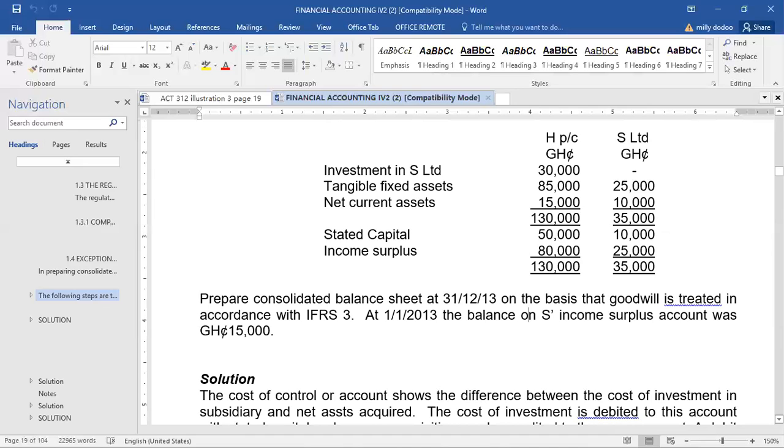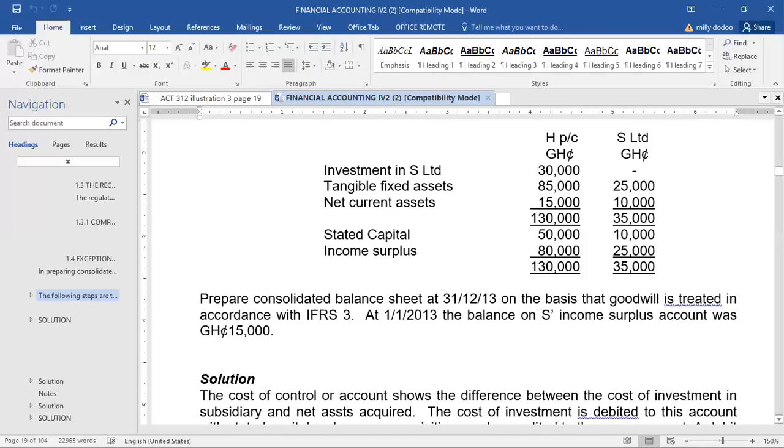Now, in accordance with IFRS 3, whenever there is goodwill in the account or on the face of the transactions, there are three things that you do. The first thing you do, based on the policy of the company, is either we maintain the goodwill.